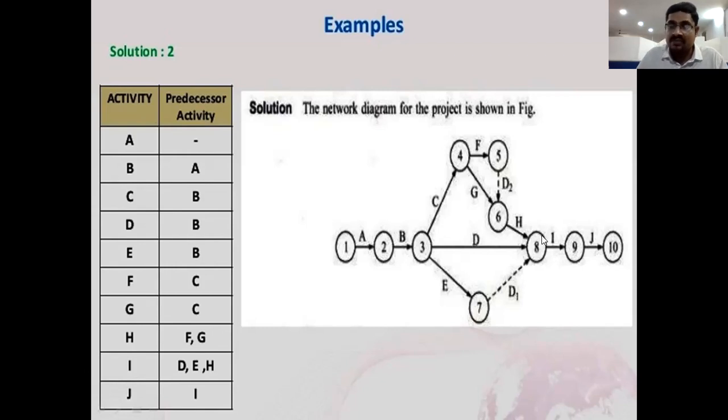This is another example we have, right? Look here carefully.